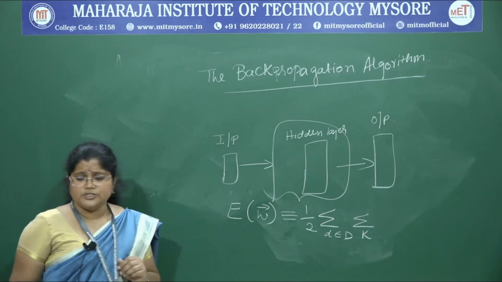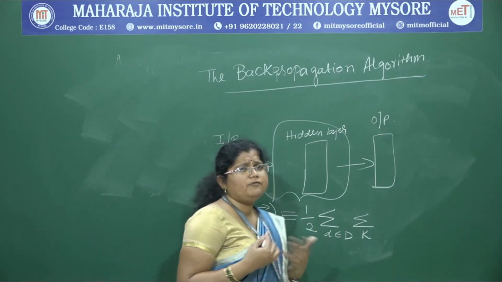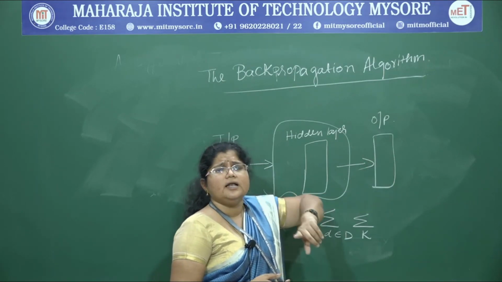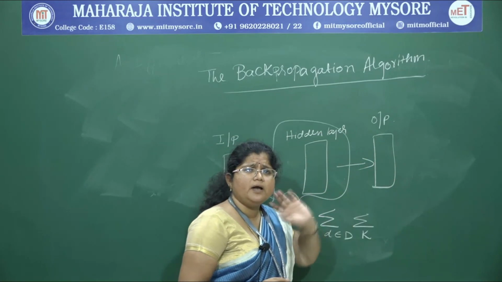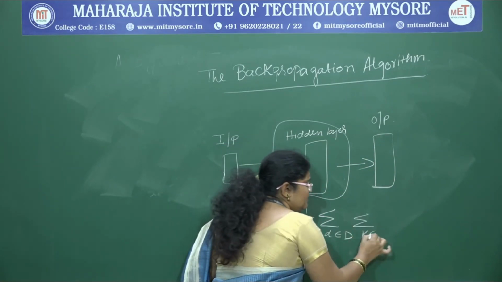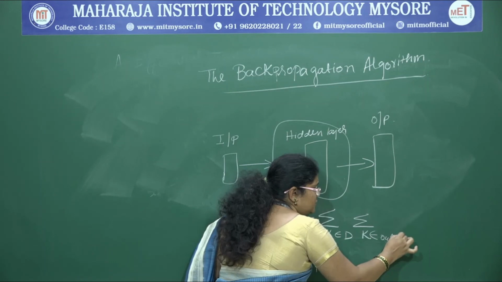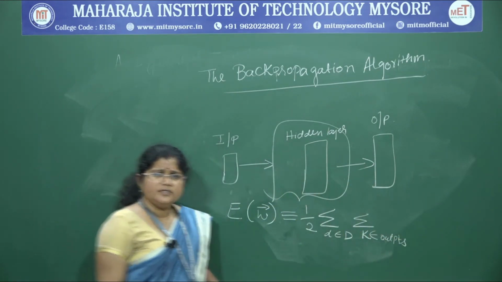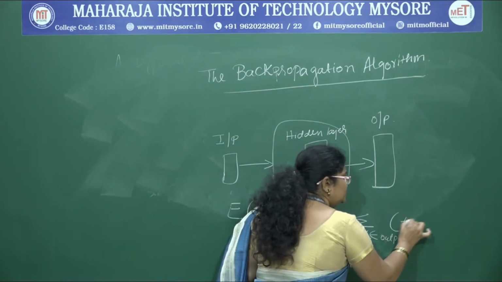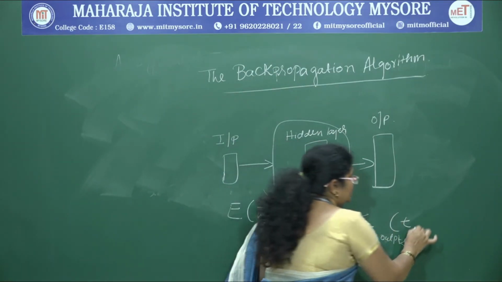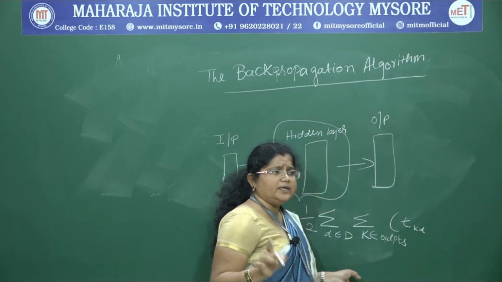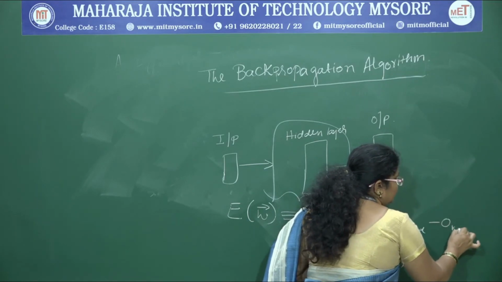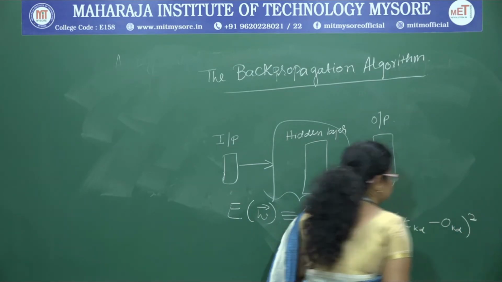Here k is the number of outputs. In a multi-layer neural network, we can't expect only a single output. We will have multiple outputs present. So k is the one which belongs to these outputs, with the difference between the target output of the kth output for a particular training example minus the output obtained by the kth output for d, the whole squared.